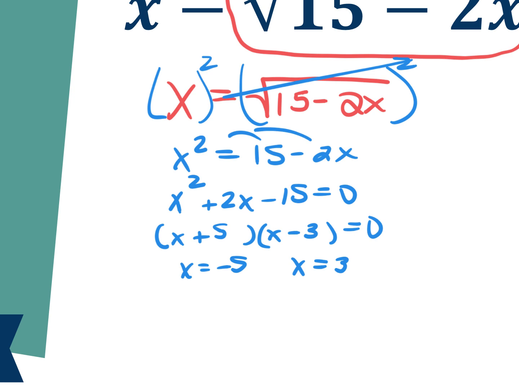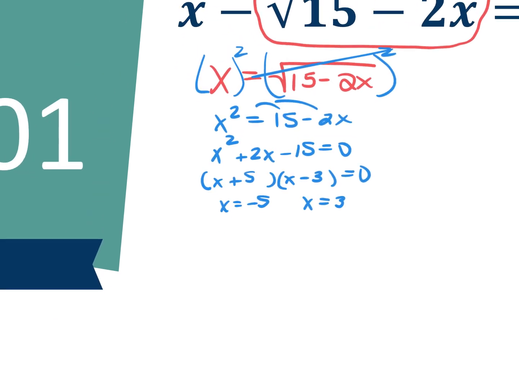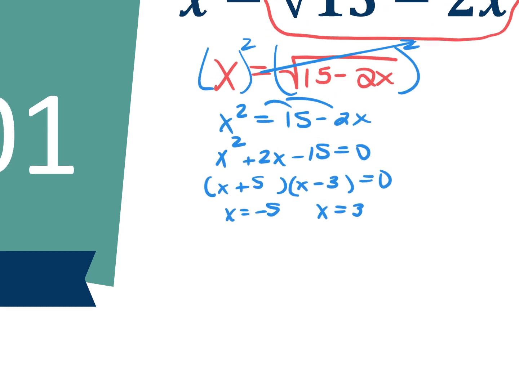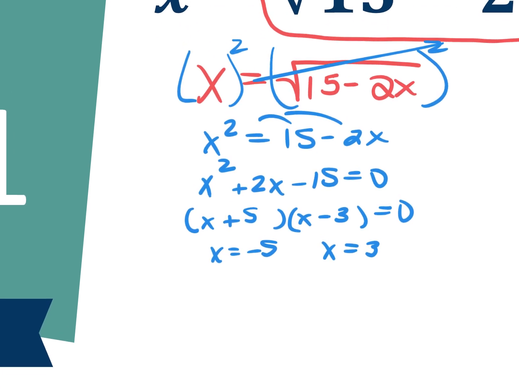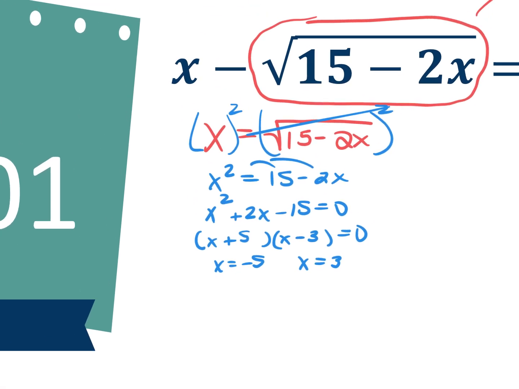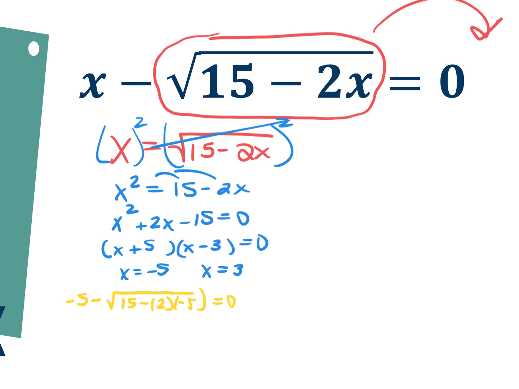Now at this point, guys, this is where we need to go back and check to make sure that both of these solutions satisfy the equation. So go back to the original. And I'm going to plug in negative 5 and see what happens. So my original equation, it would be negative 5 minus the square root of 15 minus 2 times negative 5. Does that equal 0?